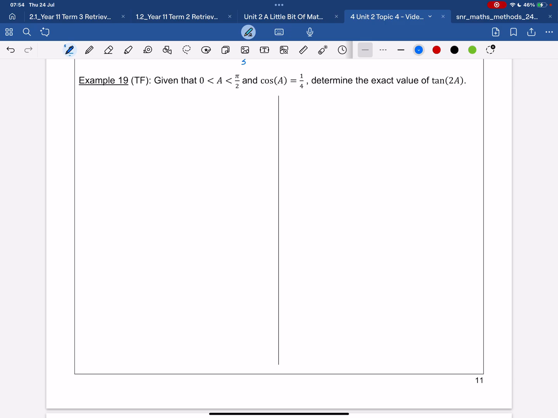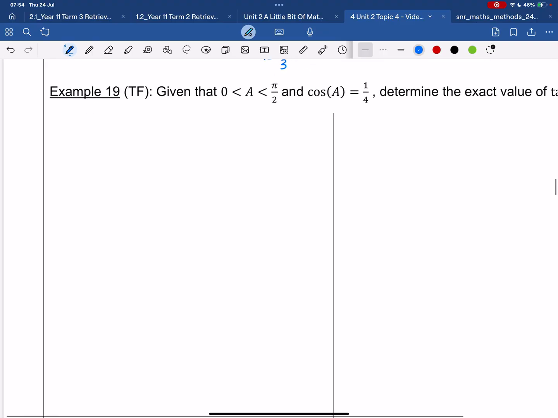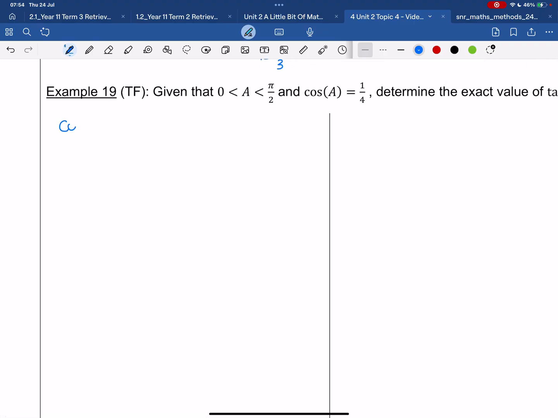Okay, now luckily, I know that if cos of a is equal to a quarter, and I have a right angled triangle where this is my angle A, cos of A would be adjacent over hypotenuse, and so I would be able to find my opposite side using Pythagoras.